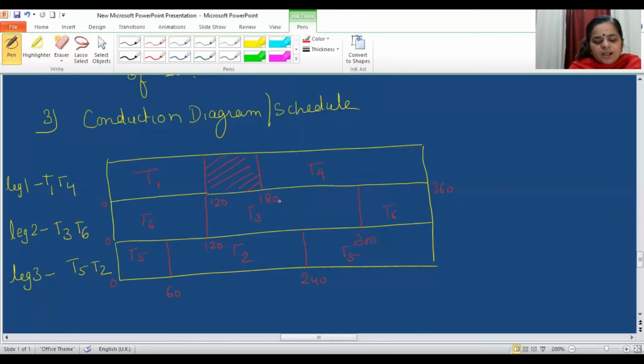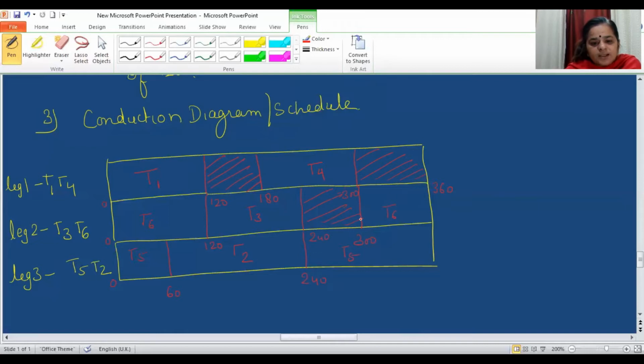T4, if it starts conducting at 180, will be conducting only up to 300 because it is a 120-degree duration, and 300 to 360 will be the duration when no SCR is conducting. Similarly, if T3 starts conducting at 120, then it will conduct only for a duration of 120, so it will conduct up to 240, and 240 to 300 will be the duration when no SCR is conducting.